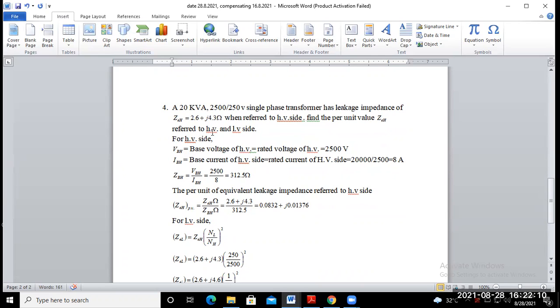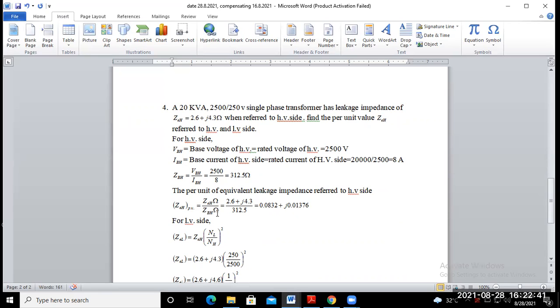So part A you can now find. That means equivalent impedance on the high voltage side equal to equivalent impedance in ohm divided by base value of the high voltage side. So ZEH in per unit equal to ZEH in ohm divided by ZBH in ohm.